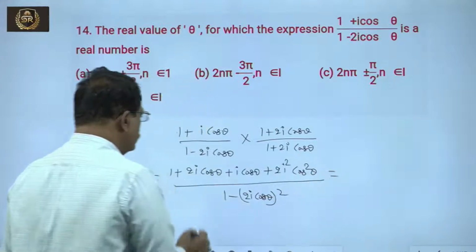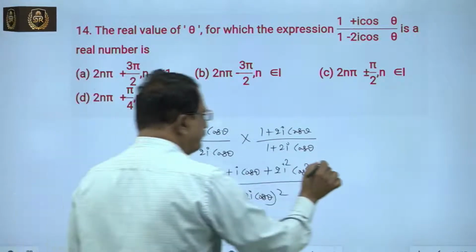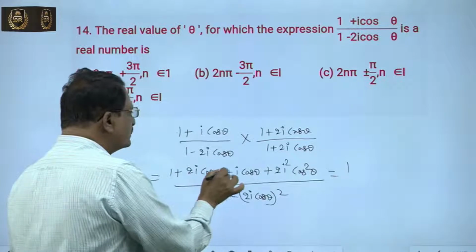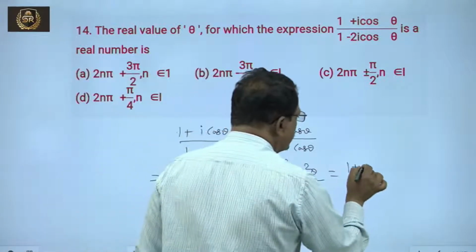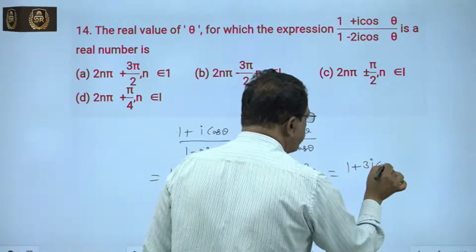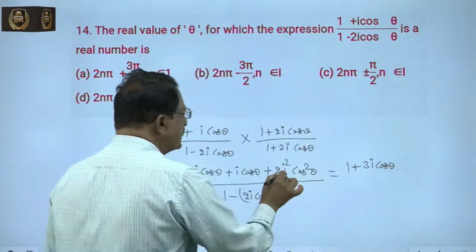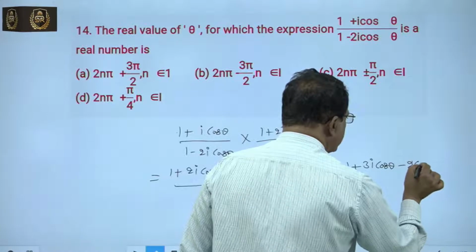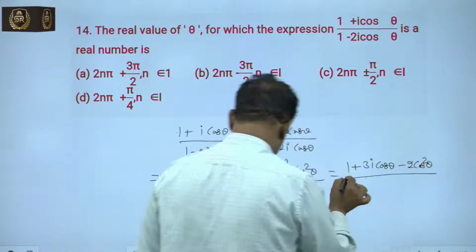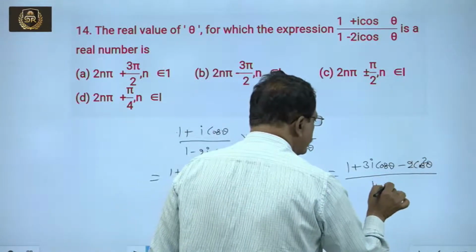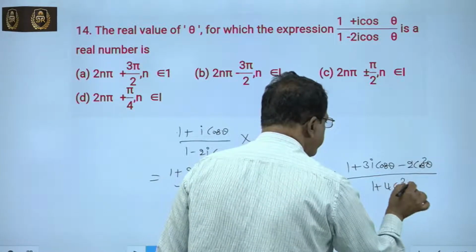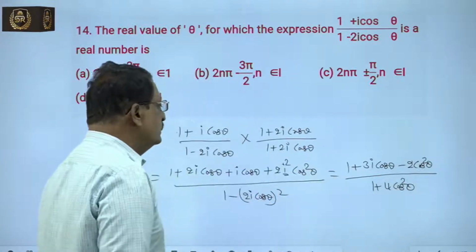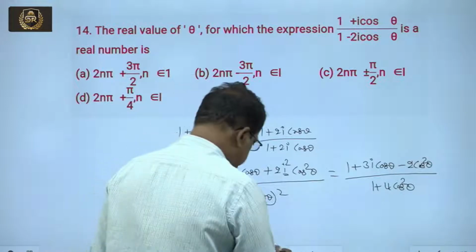What is the numerator? 1 plus 2i cos theta plus i cos theta, that is 3i cos theta, and i square equals minus 1, so 1 minus 2 cos square theta by 1 plus 4 cos square theta, because i square equals minus 1.